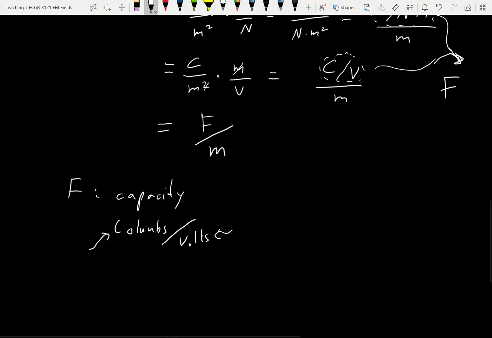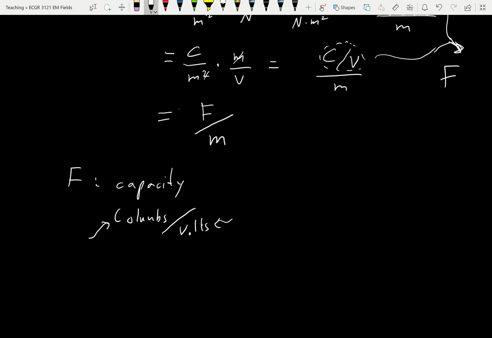So it seems to be some measure of capacity where I give you the electric field strength, and then I show you how much charge appears in space due to that electric field strength. So the ratio between the two, the charge that appears in space over the electric field strength, shows me the capacity within the medium. If I have more capacity for the same amount of strength, I get more charge.